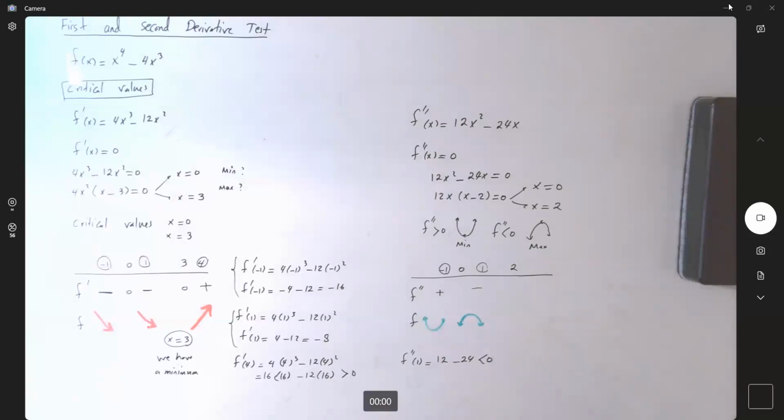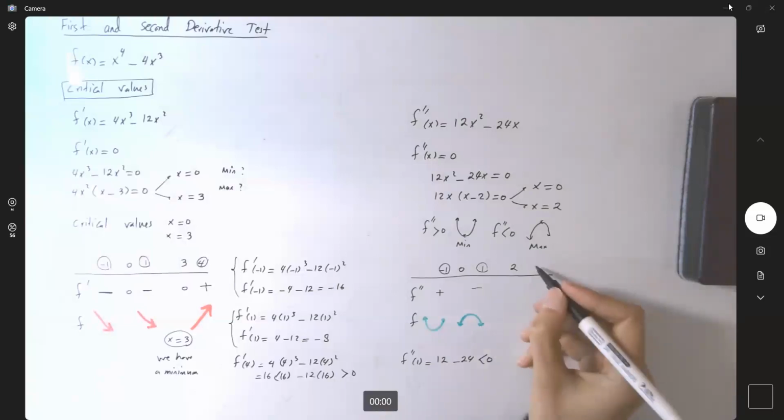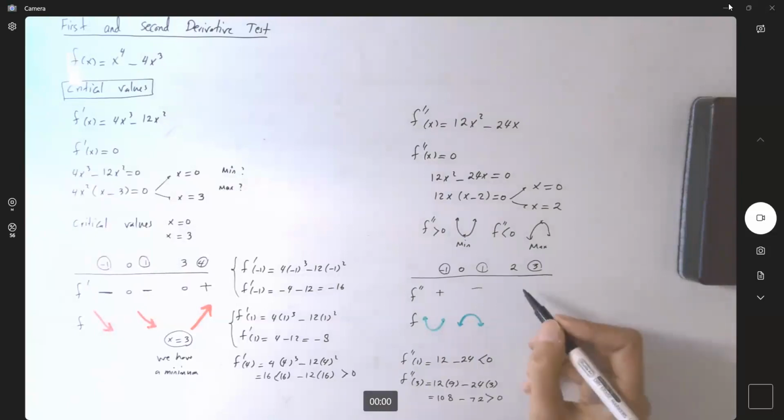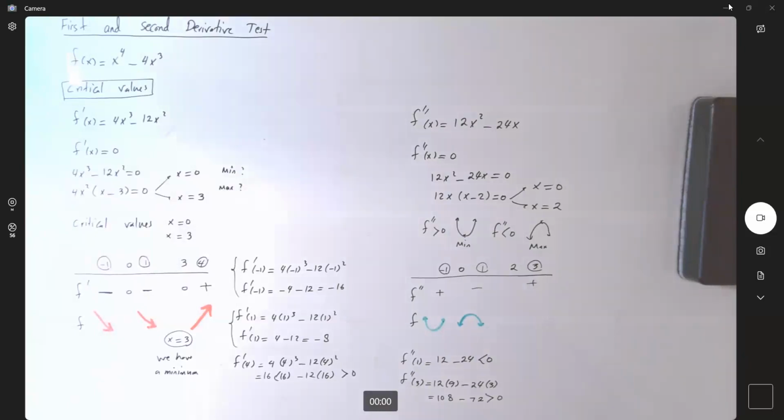If I plug in 3 into the second derivative of the function, I have 12 times 9 minus 24 times 3, so here you have 108 minus 72, which is obviously positive. So again, it's concave up.